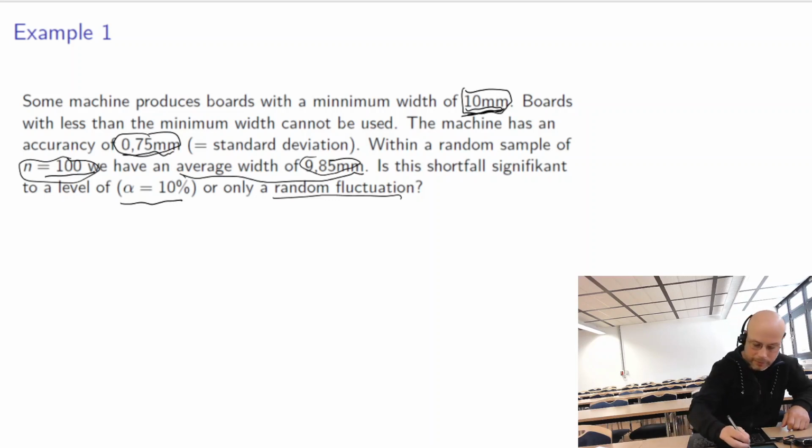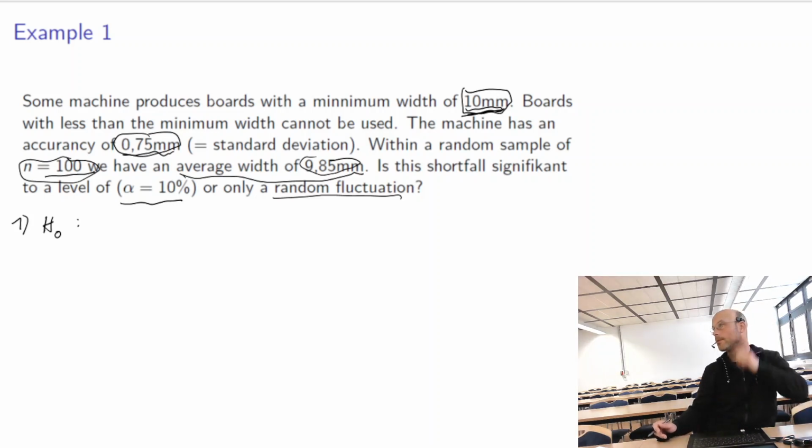So at first, what is my null hypothesis? Is this shortfall significant? This means, hopefully, nothing is wrong with my machine. So the null hypothesis is, of course, mu larger than or equal to 10 millimeters.